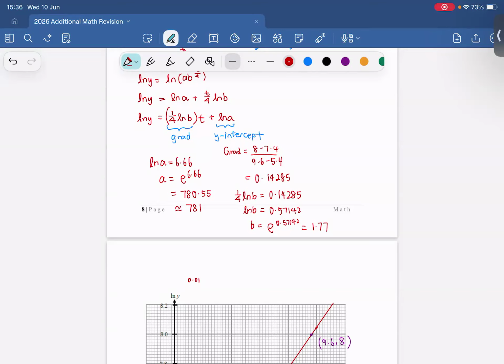Your value should be close to mine. Please, you should not be using my value. You should use your own graph value. Please don't use mine. Your answer may not be the same as mine.